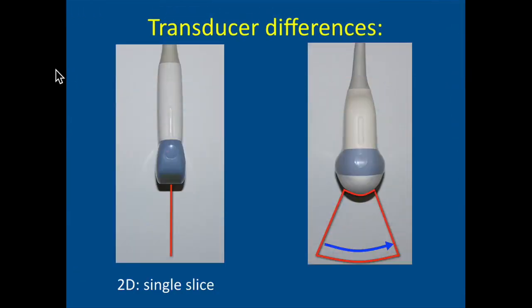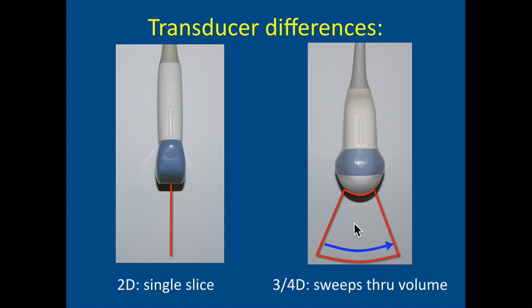So the transducer differences you're probably all familiar with. A 2D transducer is sort of a typical curvilinear, sometimes linear transducer that really takes an infinitesimally thin 2D slice. And the red line you see is me kind of turning it on its side. A 3 or 4D data set is a volume that a much larger transducer sweeps through and acquires, what we refer to as the angle of acquisition.